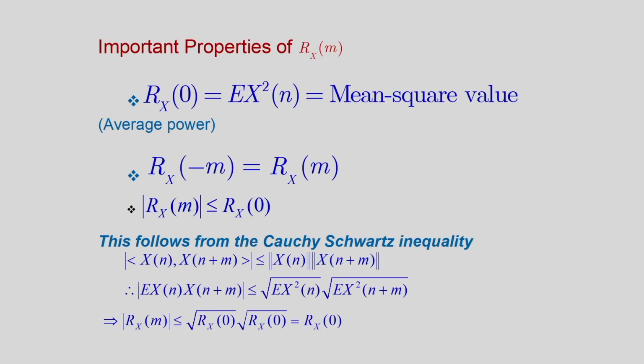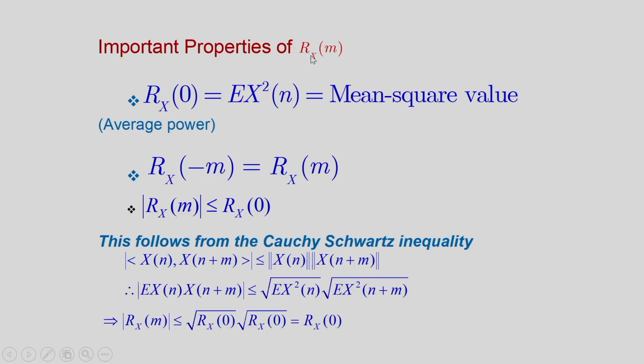Now, a WSS process is characterized by the autocorrelation function Rx of m. This is a very important quantity for a WSS random process, because it is characterized in terms of Rx of m only. So, what is Rx of 0? If we put m equal to 0, by definition it will be E of xn into xn, that is E of x square n, and this is the mean square value.